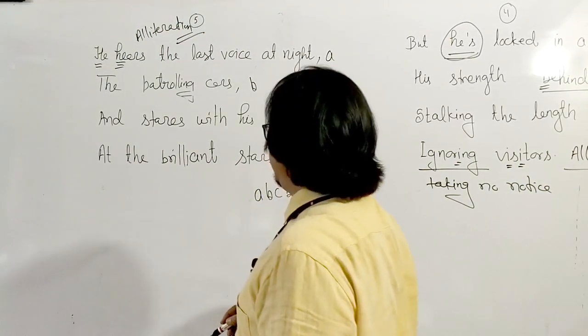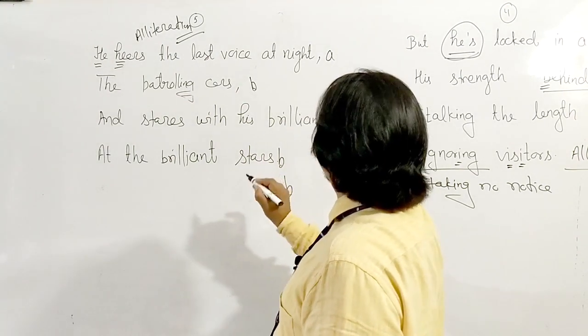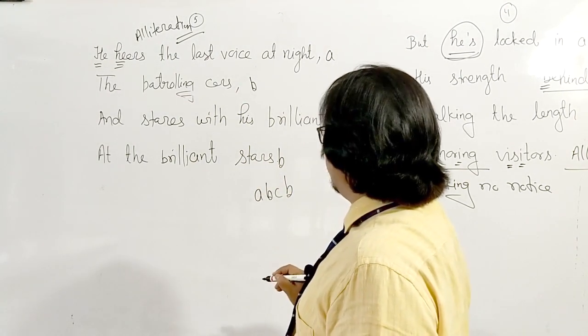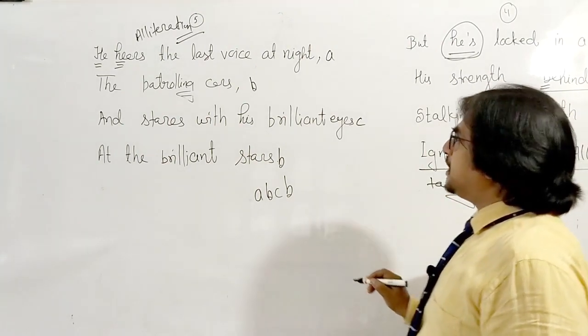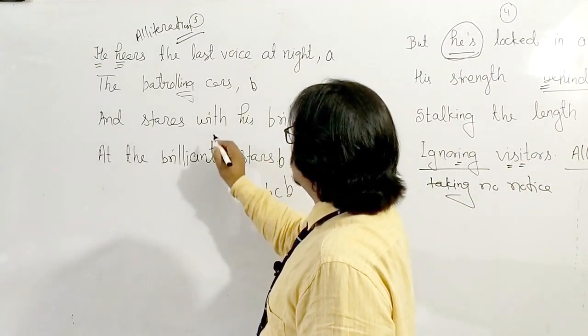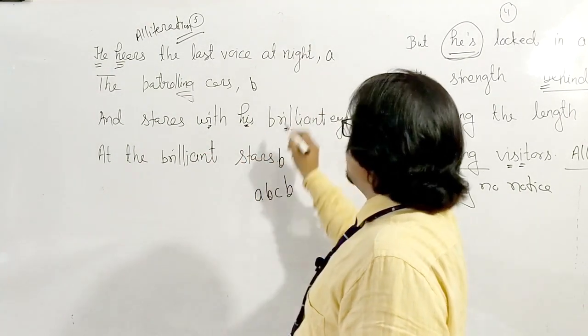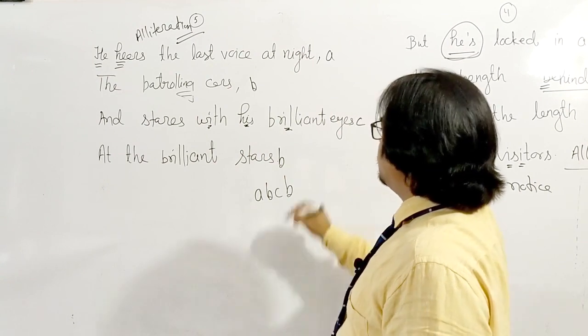And after that we are getting "stares with his brilliant eyes at the brilliant stars", where the I sound is prominent. So here you can say that assonance is here.